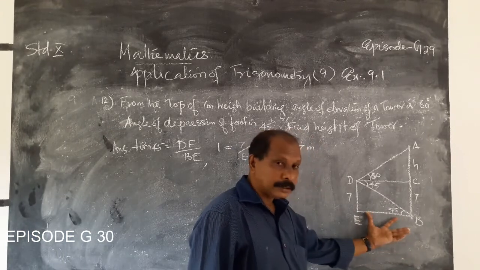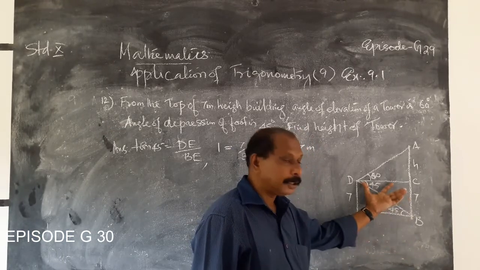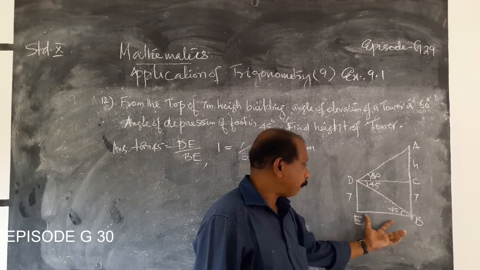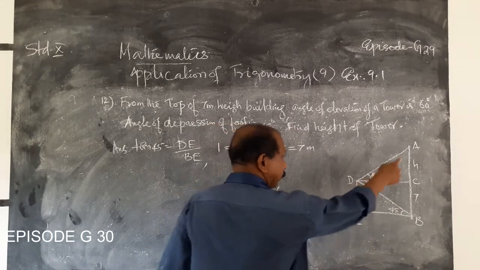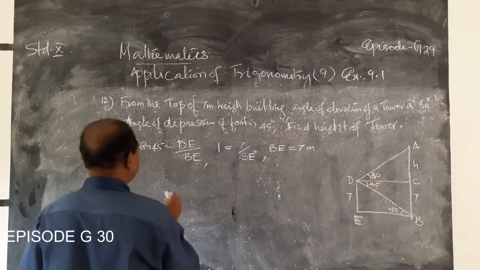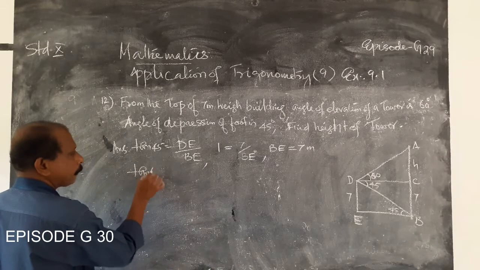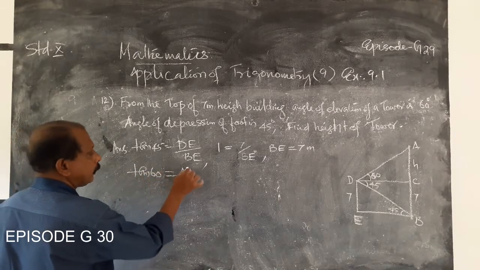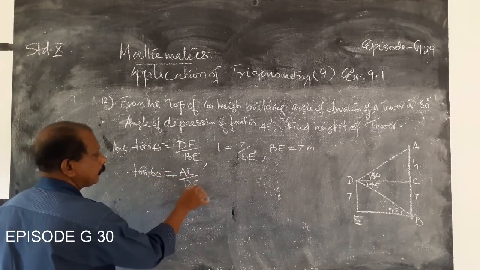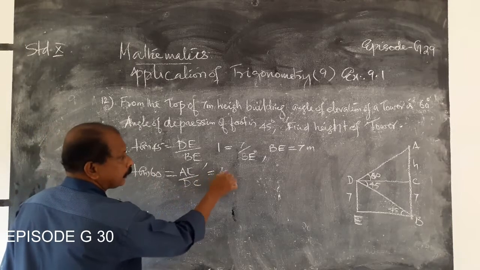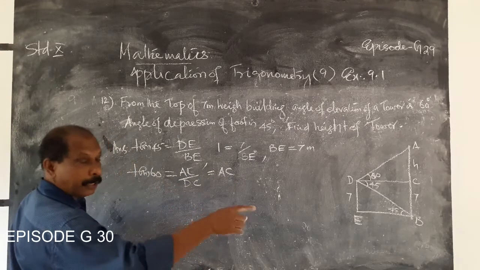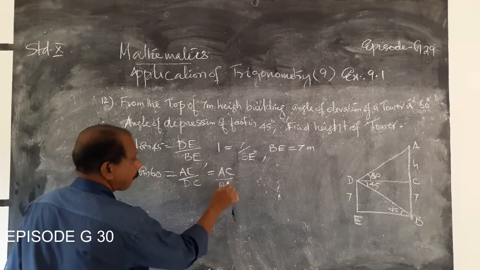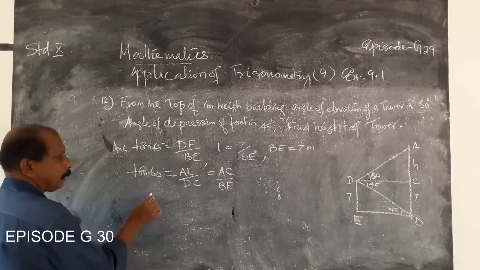Therefore, this length is the same as BC. BC and BE are the same. Therefore, using this triangle, tan 60 is equal to AC by DC. DC is the same as BE. What is tan 60?